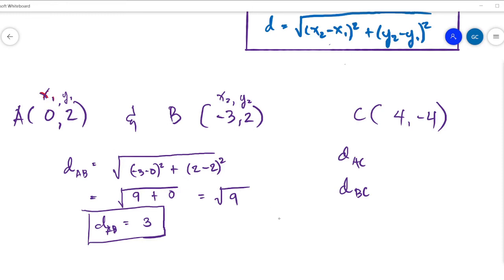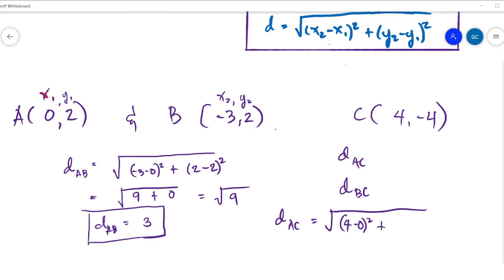Okay, so for the distance between points A and C, we just plug in our values here. So we have (0, 2) and (4, negative 4). Let's deal with the x's first. So we'll have 4 minus 0 squared. That will be our x2, and this will be our x1.